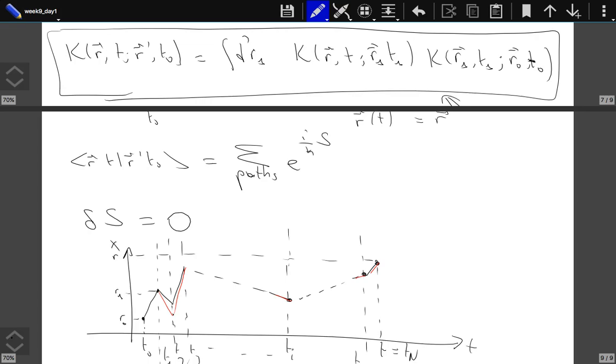But what we will do is take the limit as n goes to infinity. If we take the limit as n goes to infinity, we will be basically dealing with all the paths at every time, and hence it will become continuous. So that's what is meant by a path integral. We will eventually take the limit as n goes to infinity.